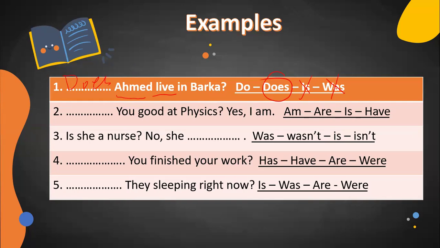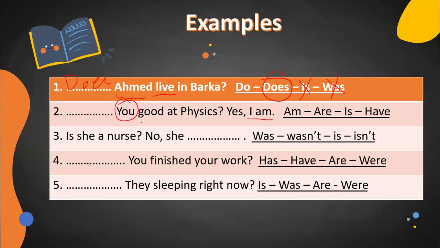Number 2, you good at physics? Yes, I am. Yes, we have I am here. But now here we have you, because if somebody asks us, he has to say you, and we have to say I. I mean, I have to say I if he is talking to me.